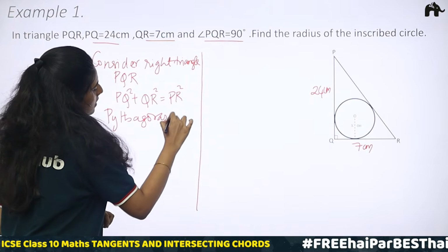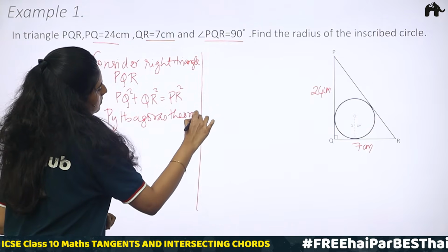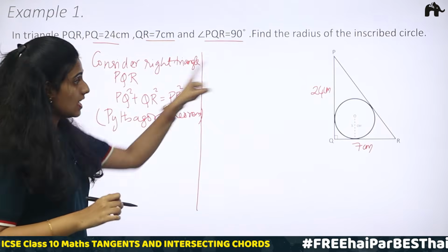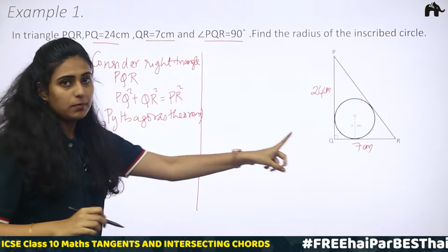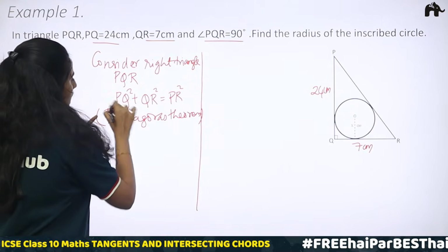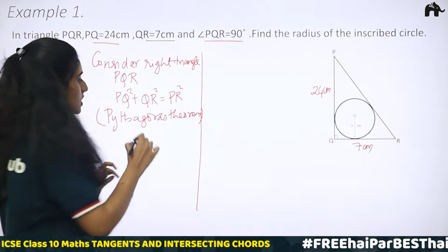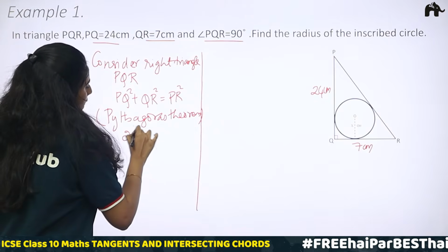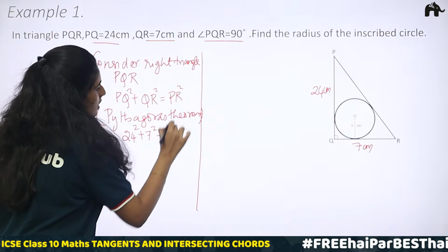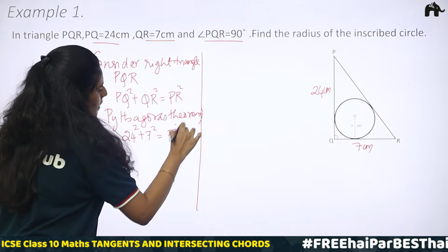On applying Pythagoras theorem, we'll be having PQ square, which is the height, plus QR square, the base, is equal to PR square. PR is the hypotenuse. Okay, PQ is equal to 24. 24 square plus QR is 7, 7 square is equal to PR square.